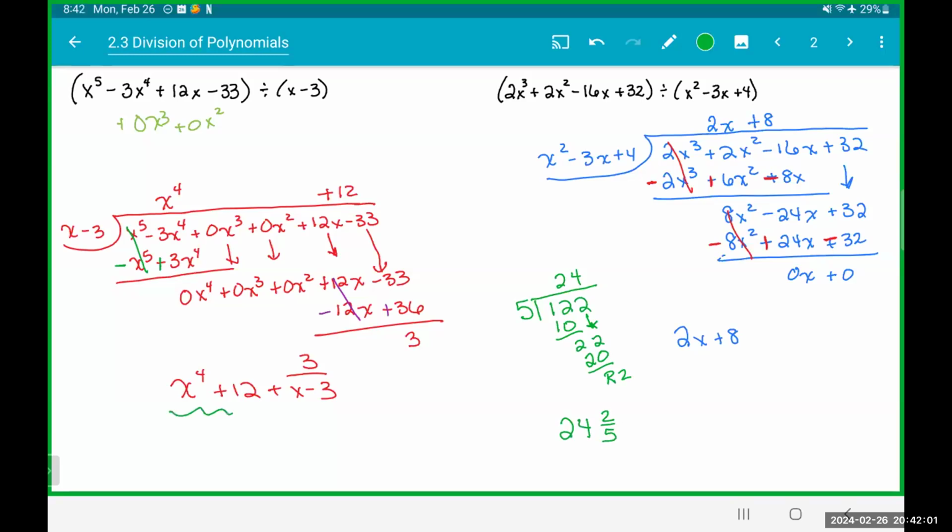It's all of this plus my remainder over my divisor, because what's left is 3. That makes sense. Thank you. Yeah, and so instead of 3/5, it's 3 over x minus 3. Good question. Does anyone else have any questions?